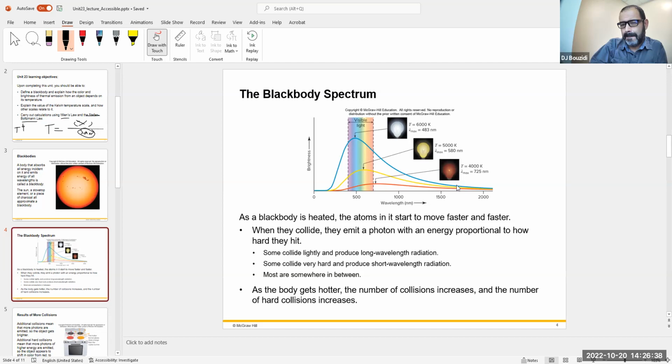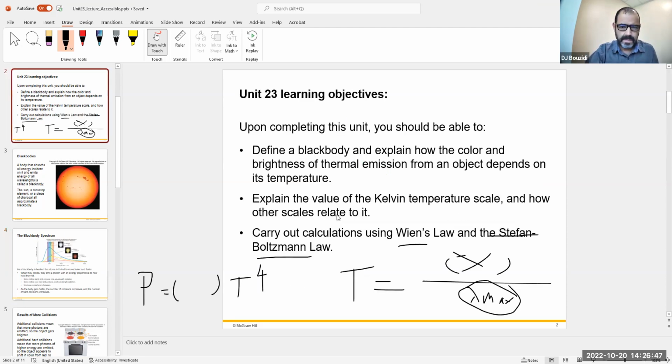Okay. The wavelength increased with a decrease in temperature. See here, this expression? This is an inverse law. If the wavelength goes down, the temperature goes up. If the wavelength goes up, higher and higher, then the temperature goes down.